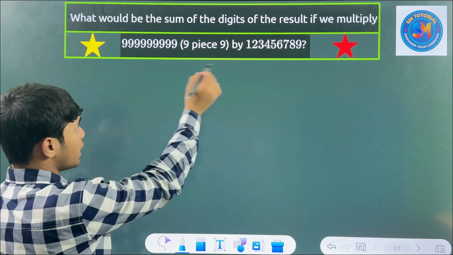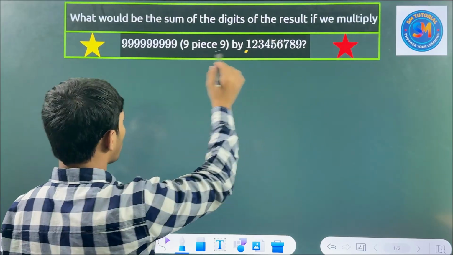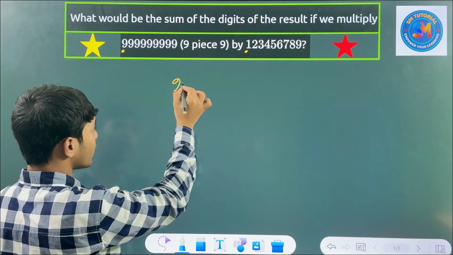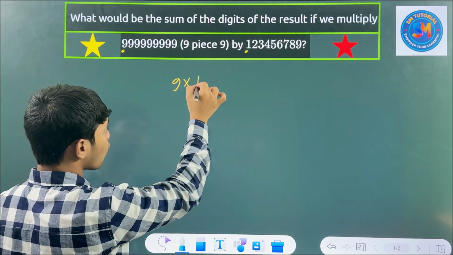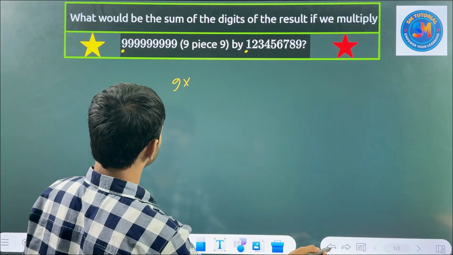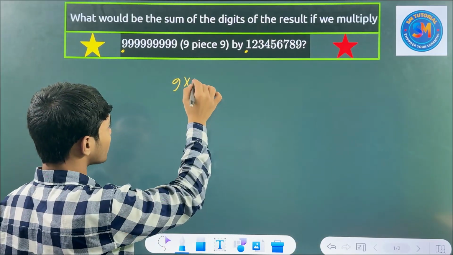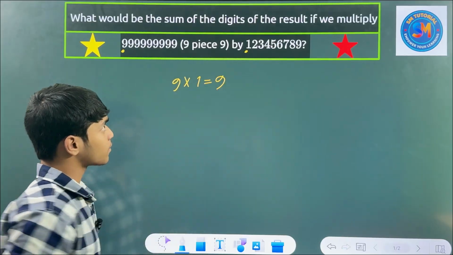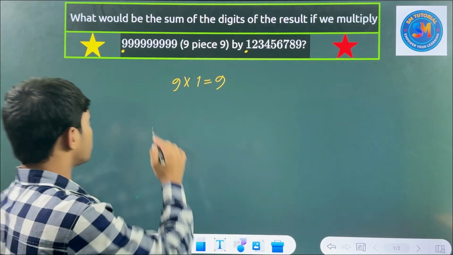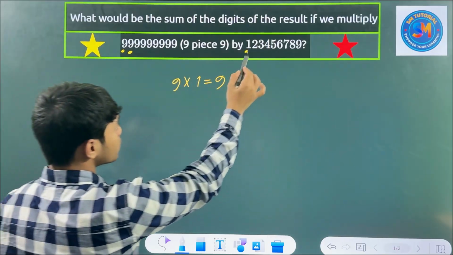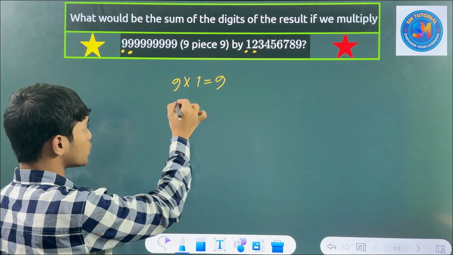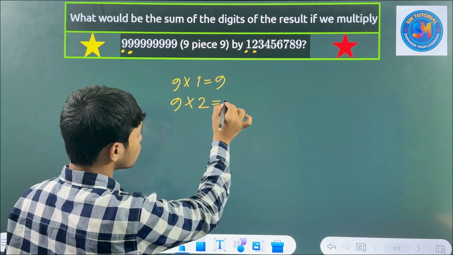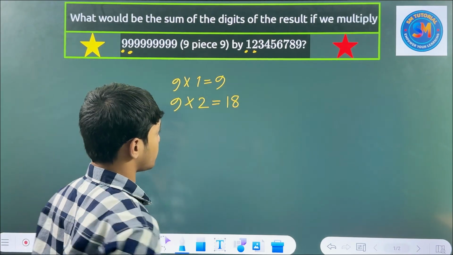Okay, first of all, if we multiply this 1 and this 9, what will we get? 9 into 1 equals 9. And then we have the next 9. 9 into 2, what is 9 into 2? 9 into 2 equals 18.